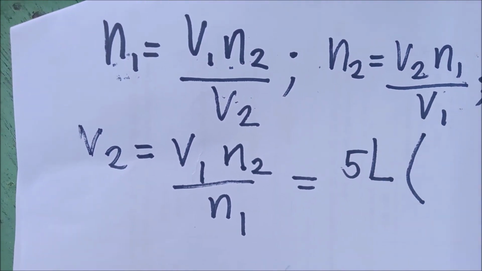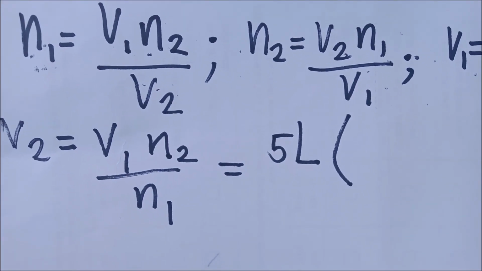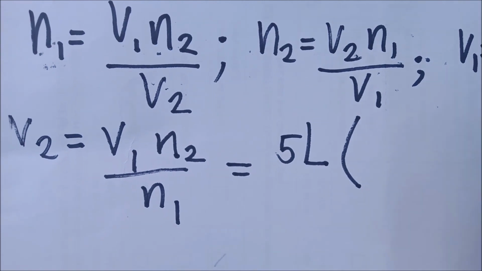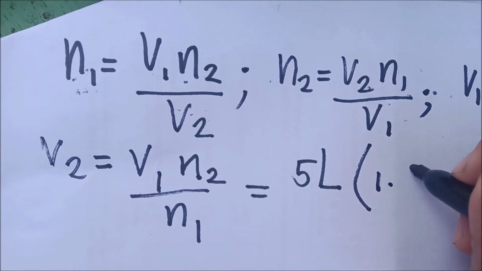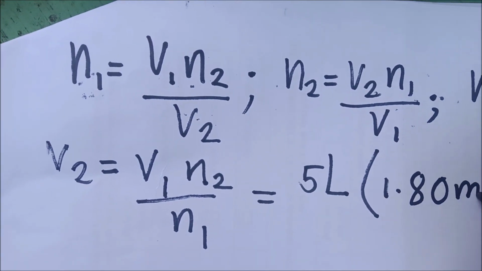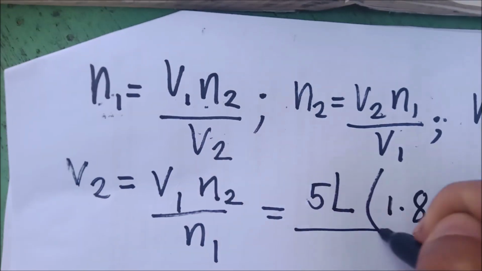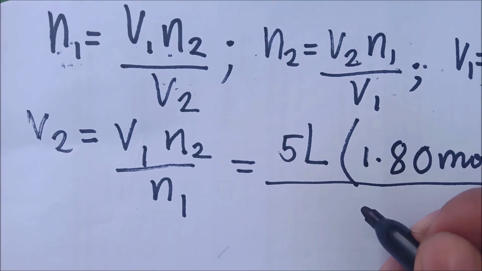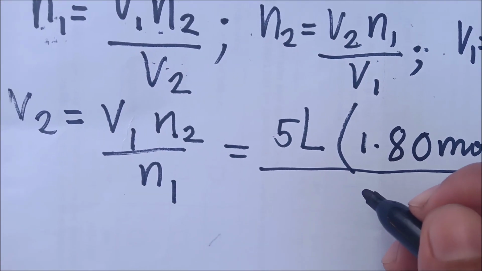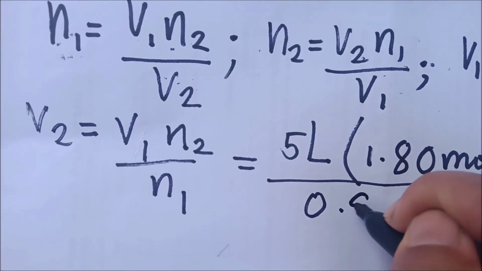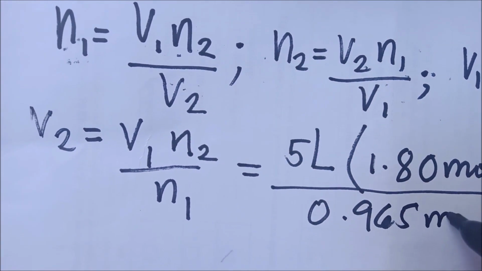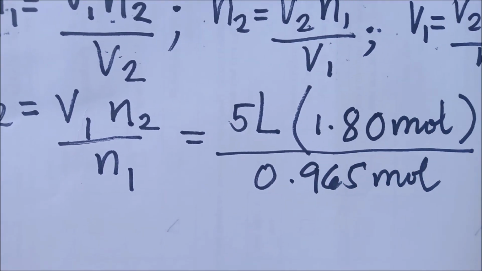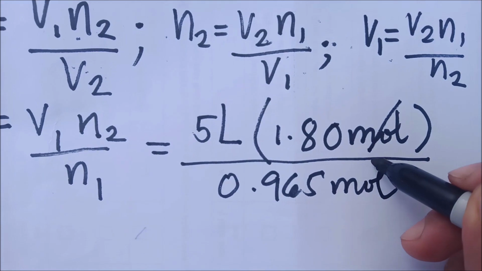Multiply it with the final number of moles of the helium gas, which is 1.80 mole. This product will be divided by the initial number of moles of the helium gas, which is 0.965 mole.